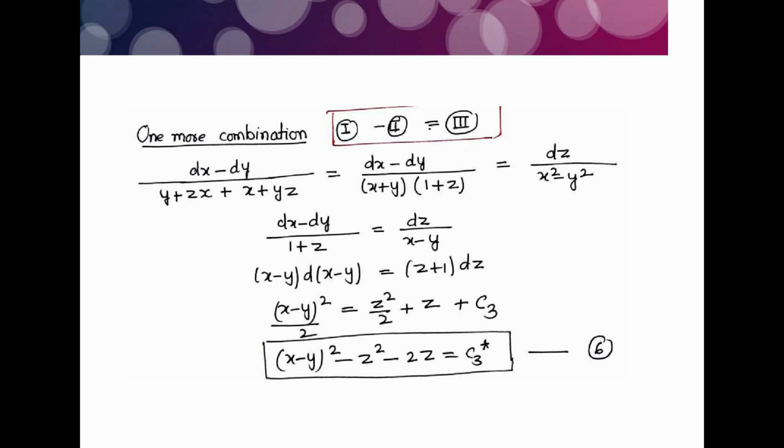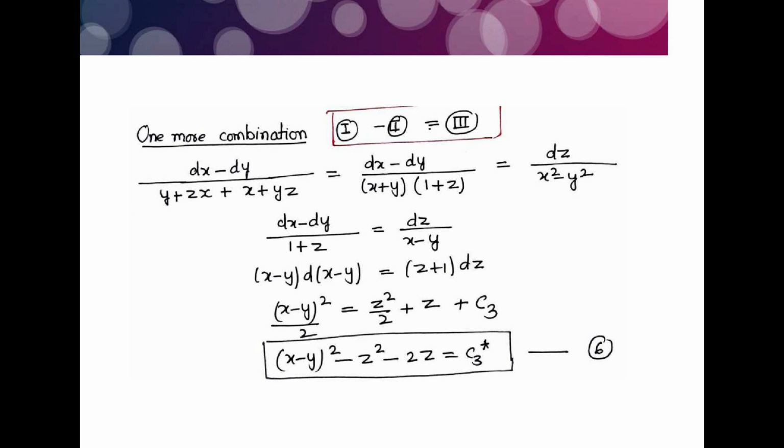This is equal to dz upon x square minus y square. Now x plus y will be cancelled out, and finally we have dx minus dy divided by 1 plus z. This is equal to dz upon x minus y.